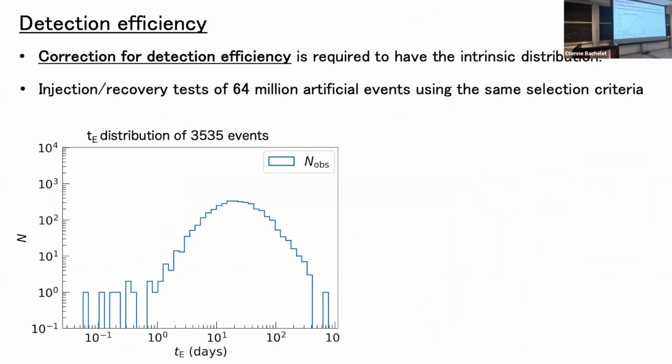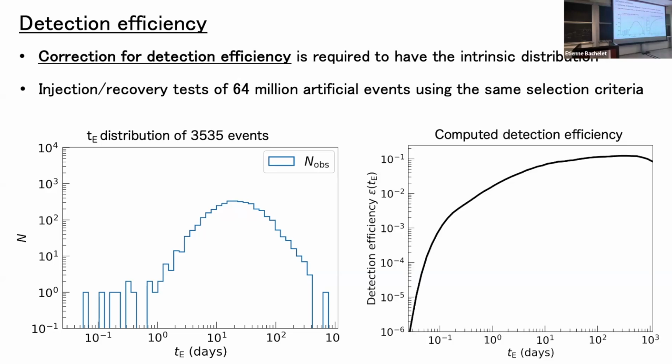Okay, let's get back to the tE distribution. Since it is more difficult to detect shorter time scale events, we need to correct for detection efficiency to retrieve the intrinsic distribution. So we performed injection and recovery tests of 64 million artificial events using the same selection criteria that we use for actual event selection.